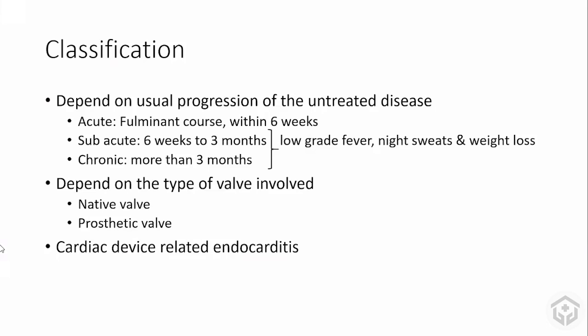With the advent of cardiology, there are cardiac defibrillators, implants, and pacemakers. These devices pose a risk of developing infective endocarditis in these patients. Here I'm not going to talk about cardiac device related endocarditis, as that is a different entity.